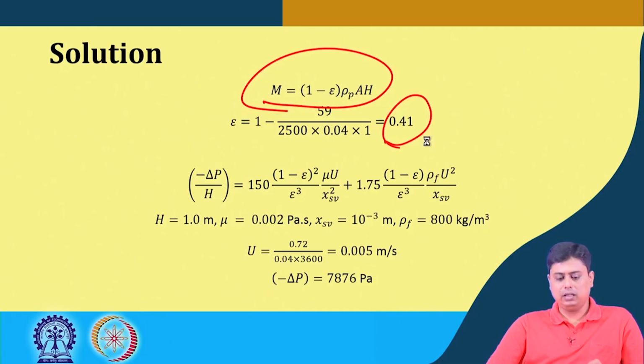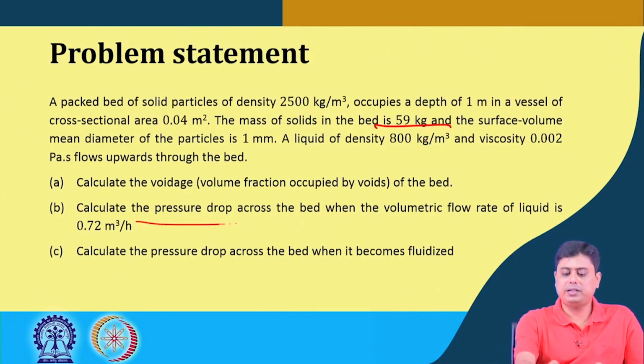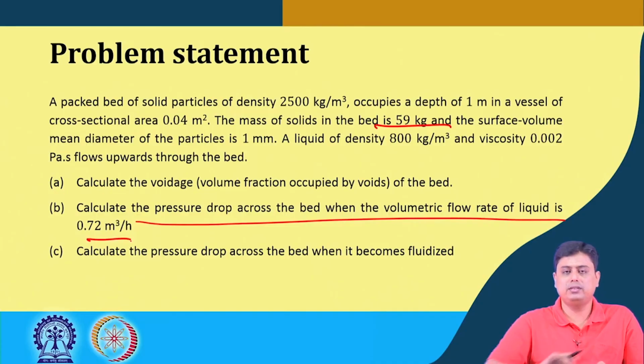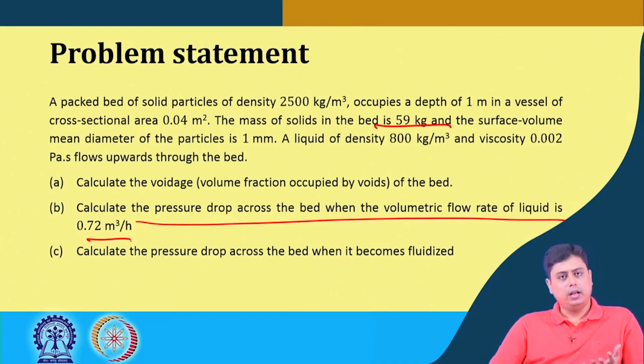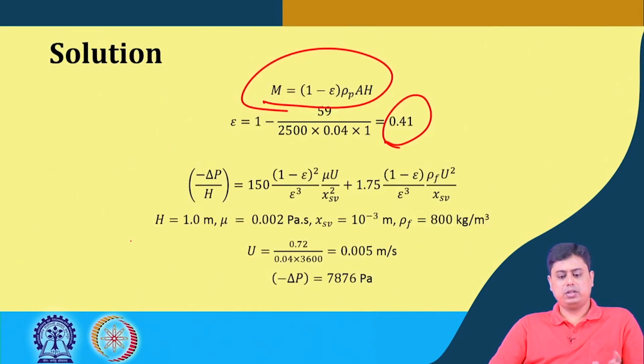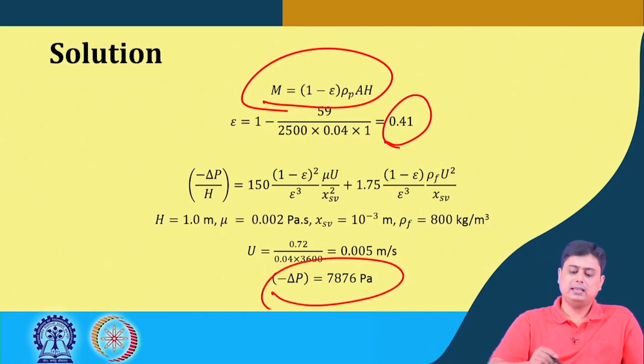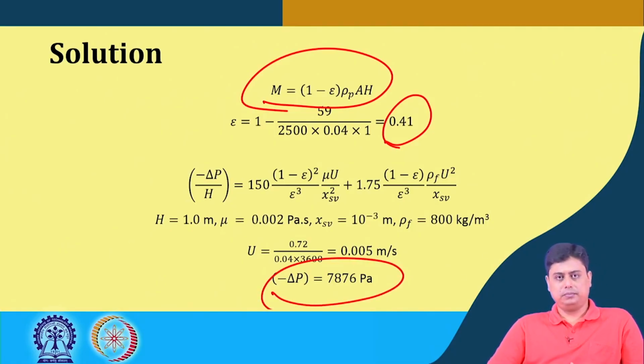Now, the second part involves calculating the pressure drop across the bed when the volumetric flow rate is this one. Assuming that the bed is not fluidized, we can apply Ergun's equation to find out what is the pressure drop. If we do that, we find out the delta P as 0.7876 Pascal, because all information here are known or given.